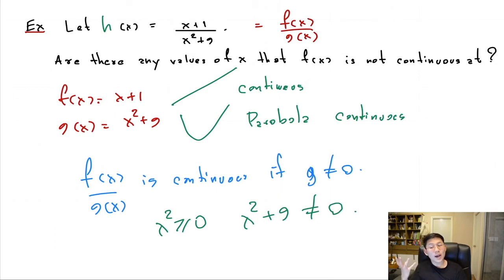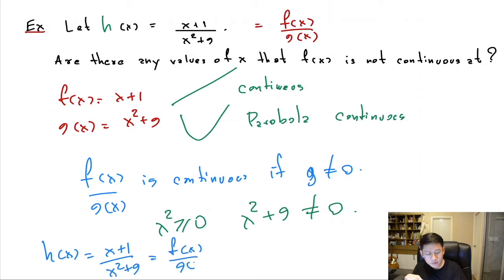The smallest x squared can be is 0, so x squared plus 9 is going to be at least 9, bigger than 0. So g can't really be 0. So I can say that h of x, which is x plus 1 divided by x squared plus 9, which is f of x divided by g of x, is continuous.